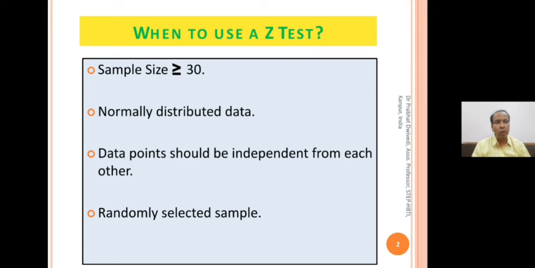And last but not the least, the samples should be randomly selected. So that randomness condition is essential. So that is what the prerequisites for the Z-test are.